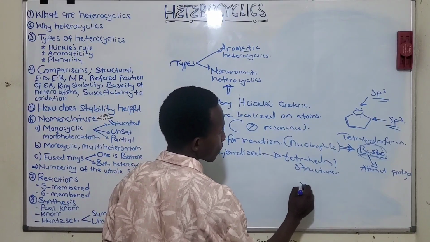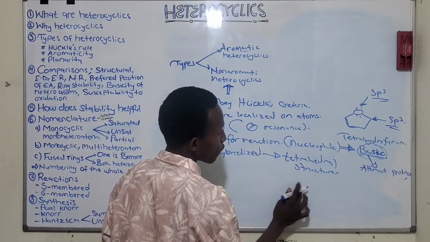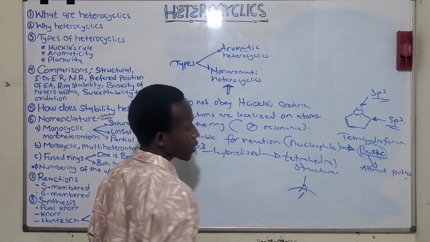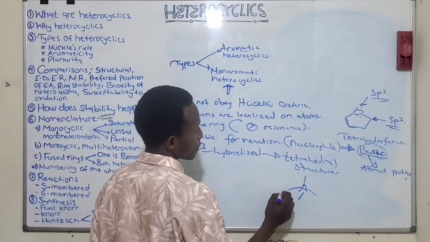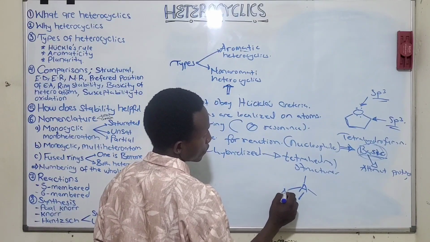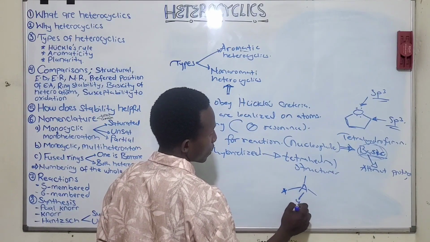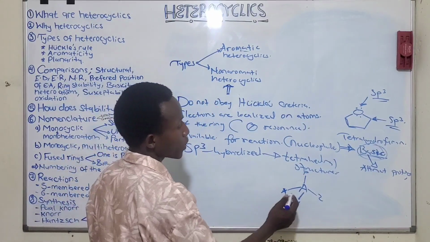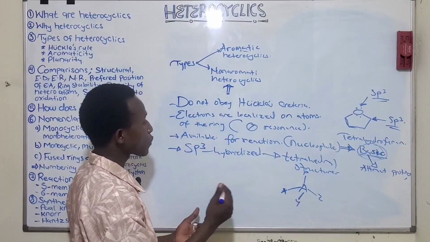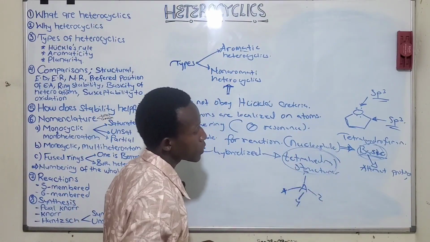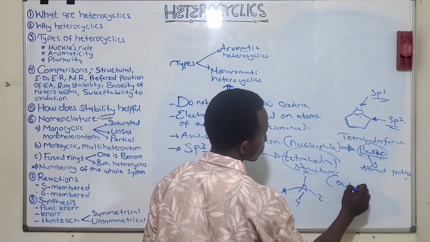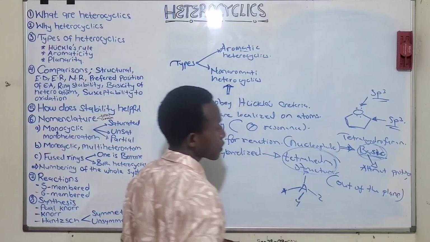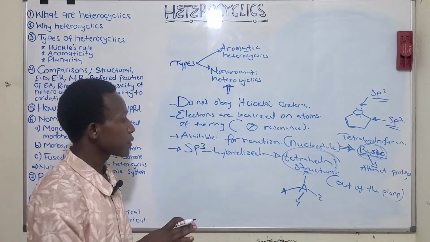So we shall have this structure: an atom having 4 bonds in tetrahedral shape, X, Y, Z, maybe P. So they cannot lie in the plane. They are out of the plane. The moment an atom has this structure, it cannot lie on the plane.